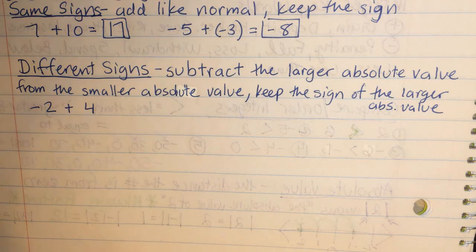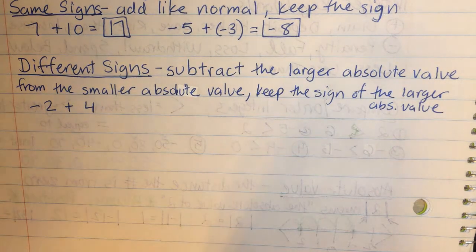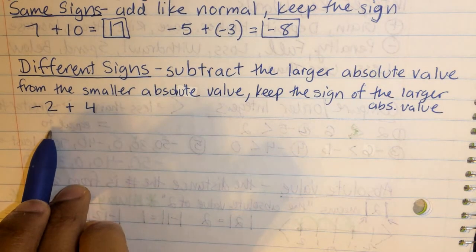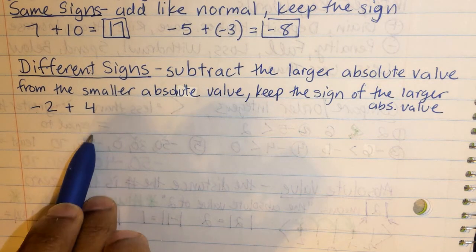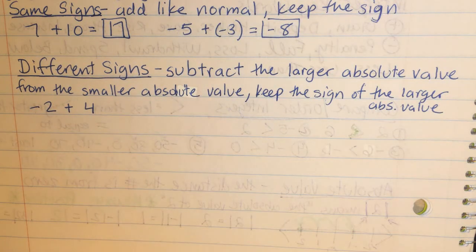So negative 2 plus 4, they're both different signs, right? One's negative, one's positive. So they told me to subtract the larger absolute value from the smaller absolute value. If I took the absolute value of negative 2, that's 2. The absolute value of 4 is 4.